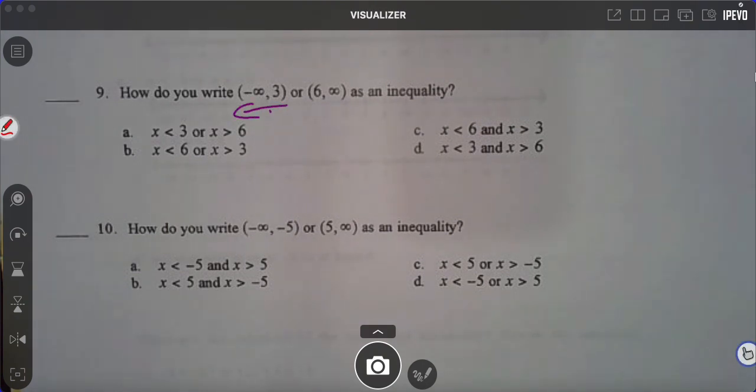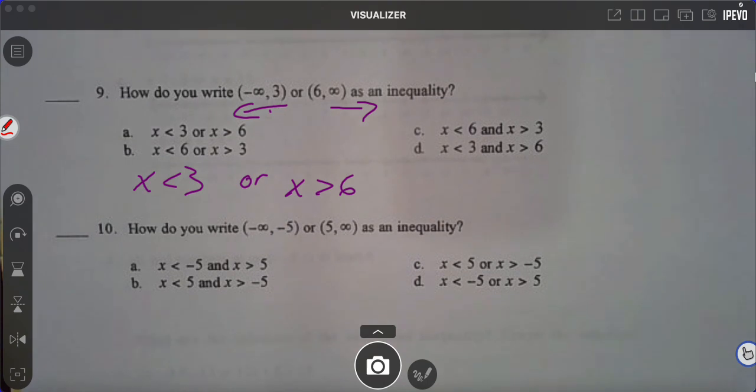Is that less than 3 or greater than 3? Less. So I know my first one says x is less than 3. If it's going to positive infinity, it's going that way. So what does that one mean? x is greater than 6. And we've got an "or." x is less than 3 or x is greater than 6.